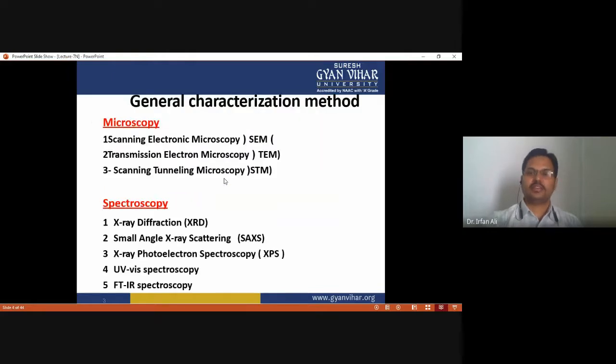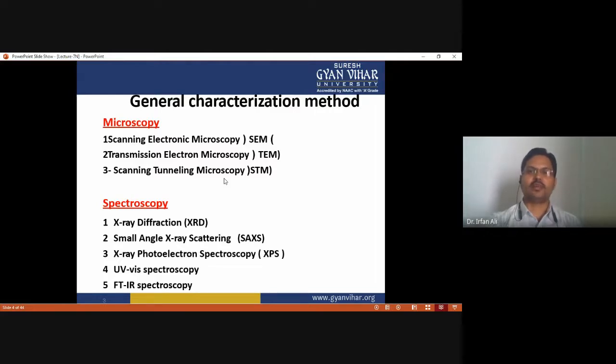What are the methods that can be used for the characterization of nanoparticles? There are two broad types: the first is microscopy and the other is spectroscopy. Microscopy includes scanning electron microscopy, transmission electron microscopy, and scanning tunneling microscopy.